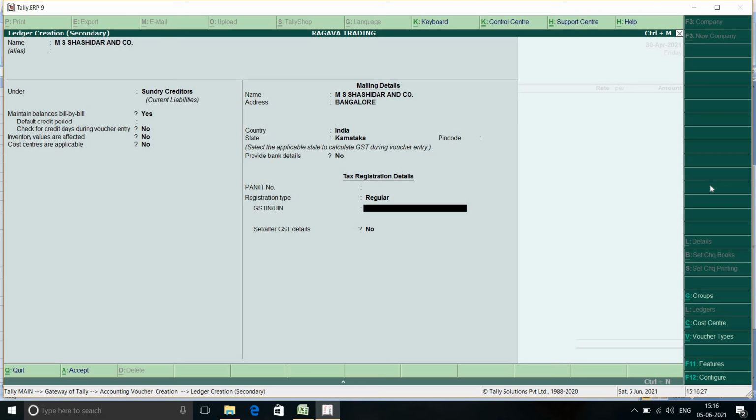You can mention his PAN number and GST number.